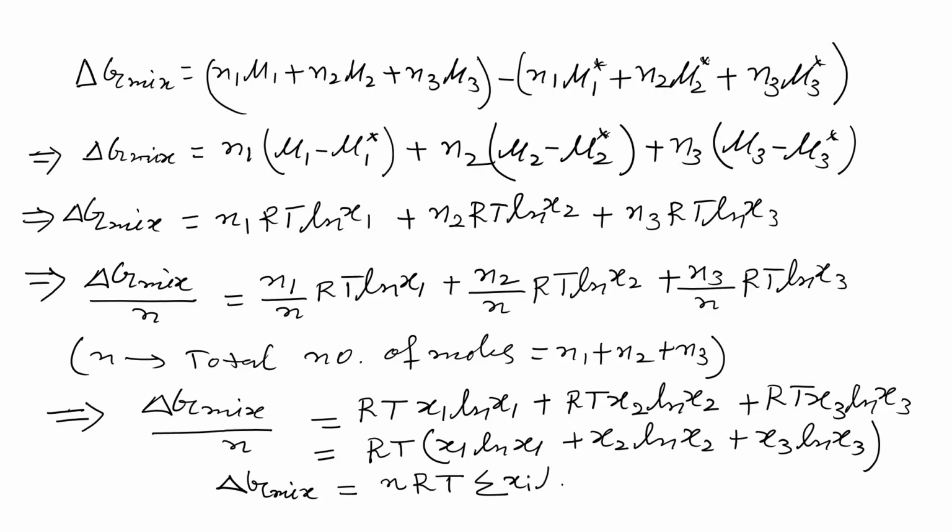This is the expression for delta G mixing, or free energy of mixing, of the ideal gas. That means the change of free energy due to mixing.